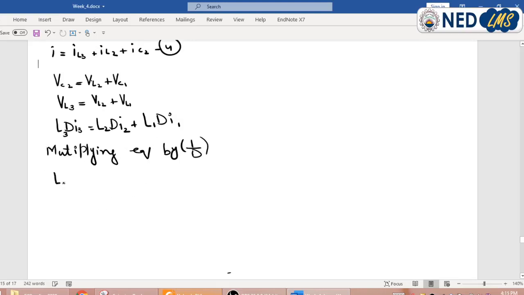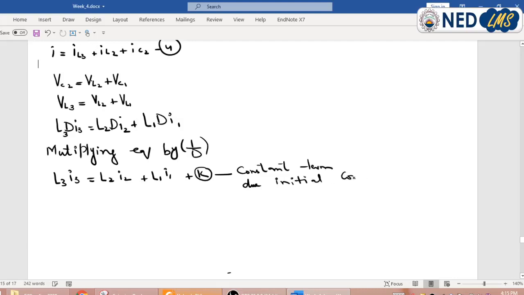This will become L3 I3 is equal to L2 I2 plus L1 I1 plus K. This K is basically a constant term which comes due to initial condition.